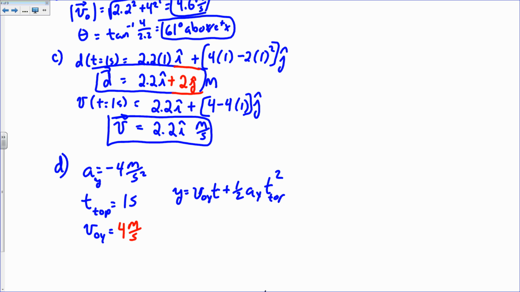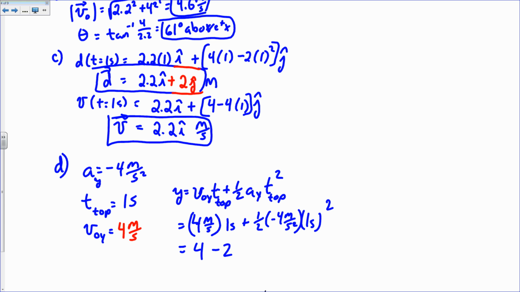And this is, remind you, t top. So that's going to be 4 meters per second times t top, which is 1 second, plus 1/2 of -4 times t top squared, that's 1 second squared. So that's 4 minus 2, which is 2 meters. All right. Now, you could have done that, or you could have just said, well, look, I've already found this value. It is right here. Okay?